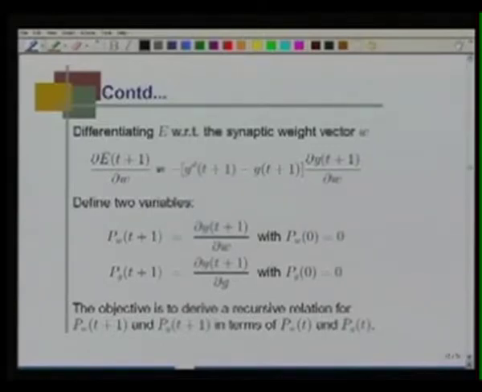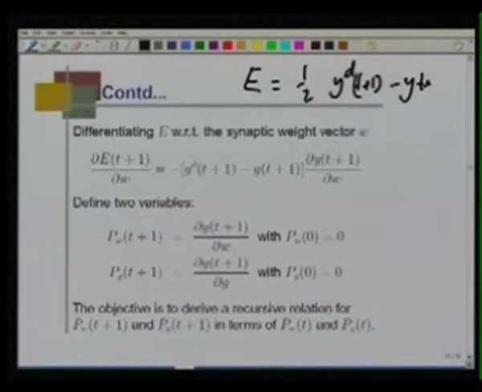Just to recall, E is simply half of (ydt plus 1 minus yt plus 1) whole square. So, you have this term coming out, and then you differentiate the other term with respect to W, so the minus comes out there.